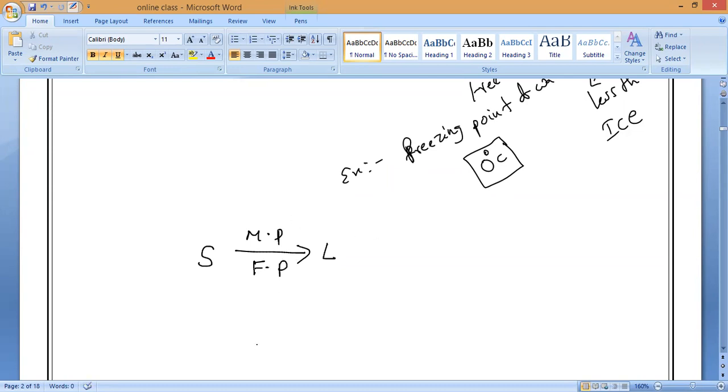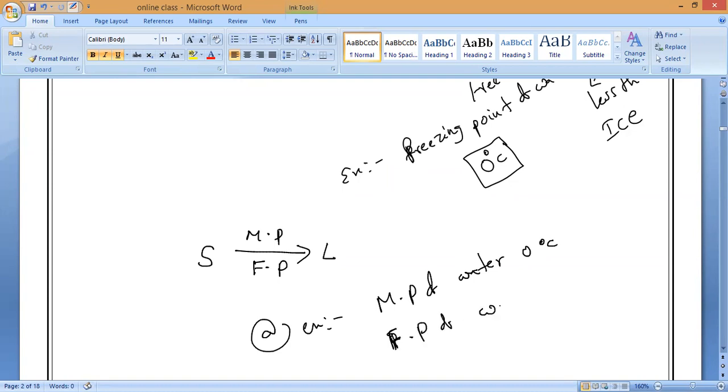So the melting point of water is how much? 0 degrees Celsius. Same way, the freezing point of water is also 0 degrees Celsius. Here, greater than 0, and here, less than 0. Is it okay, everybody?